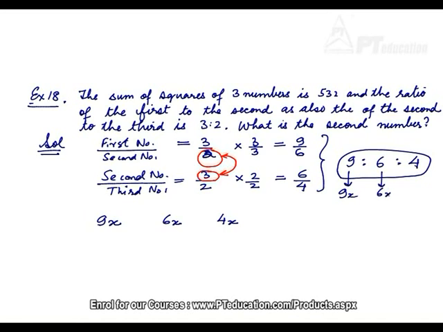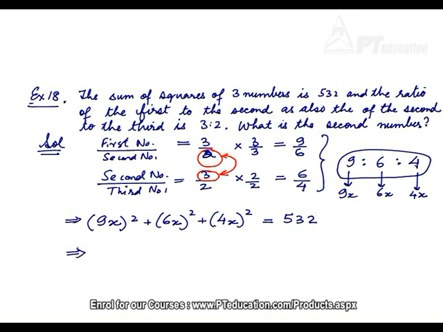So the numbers will become 9x, 6x, 4x. We could put x, y, a, b, c, whatever. But to make the equation, the sum of squares of three numbers: 9x whole square plus 6x whole square plus 4x whole square is given to us as 532. This is the equation.